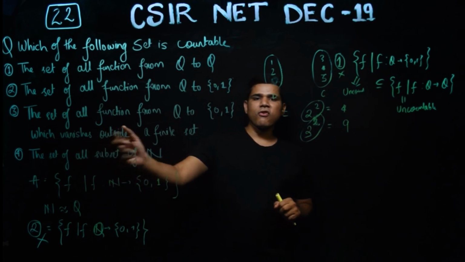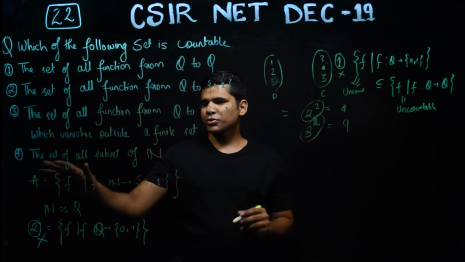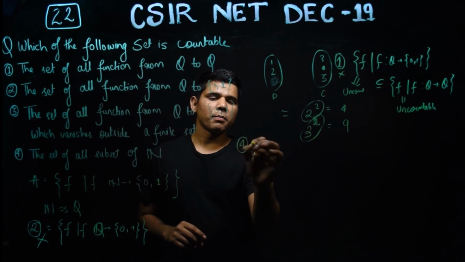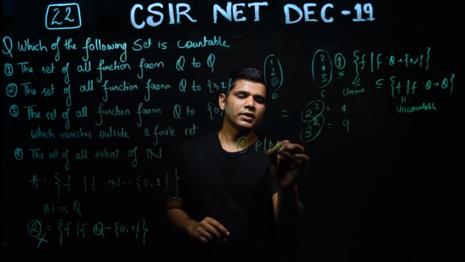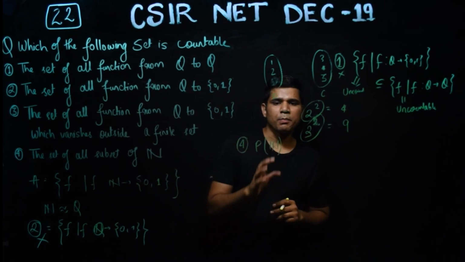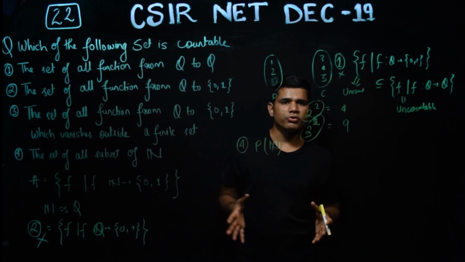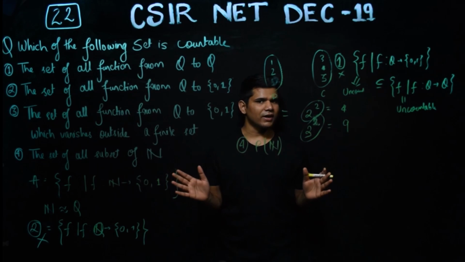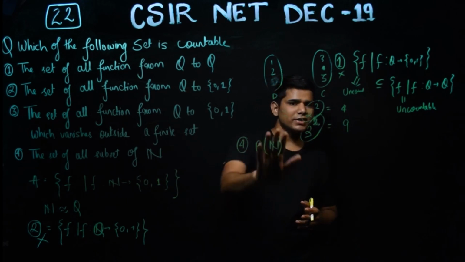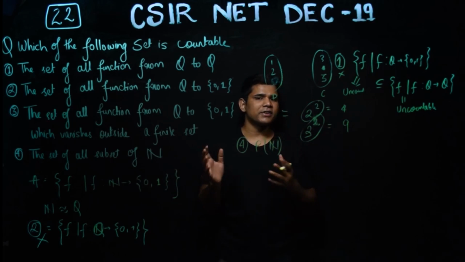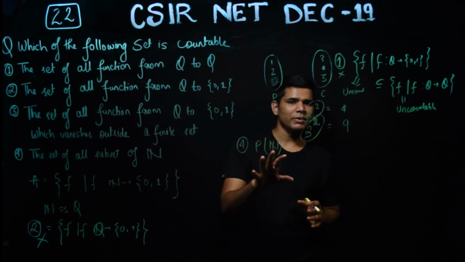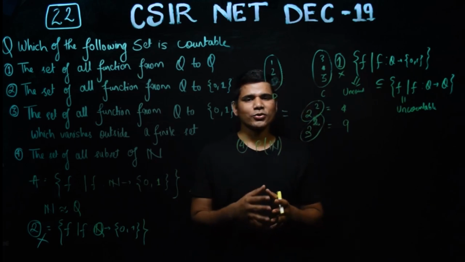Now coming to the fourth option, what it says is the power set of natural numbers, right? Since you have done this topic of countability and uncountability, I'm not going to prove why it is uncountable, but it is a very trivial fact that it is uncountable. Everybody knows it, so I'm not going to prove it.